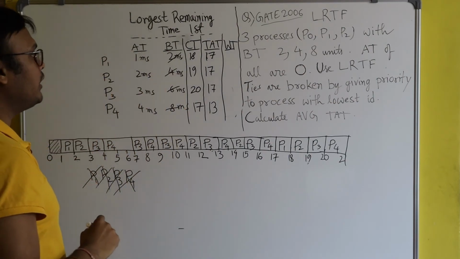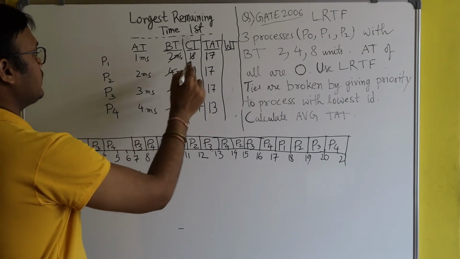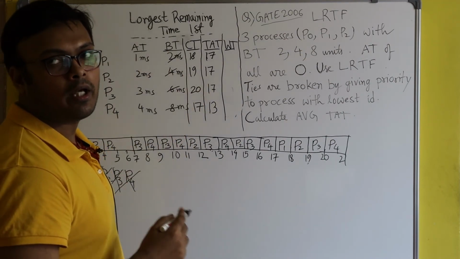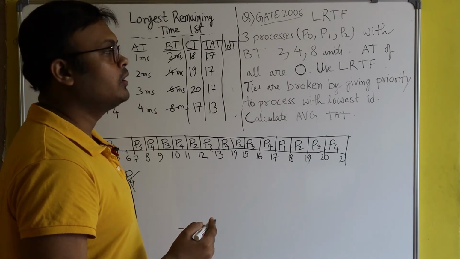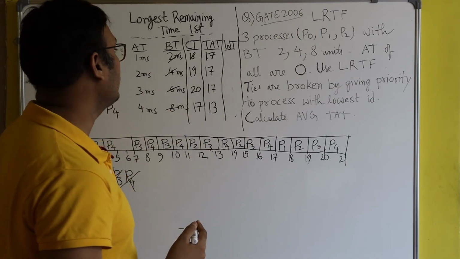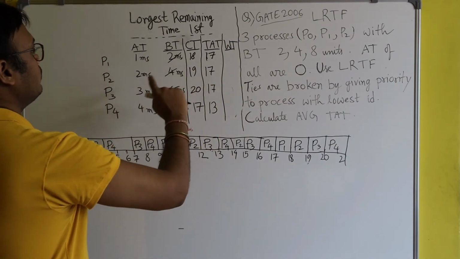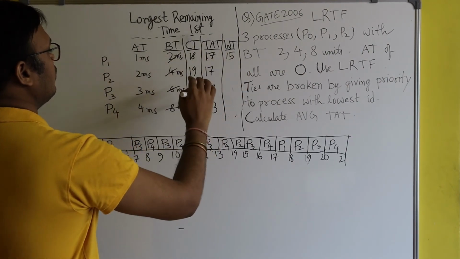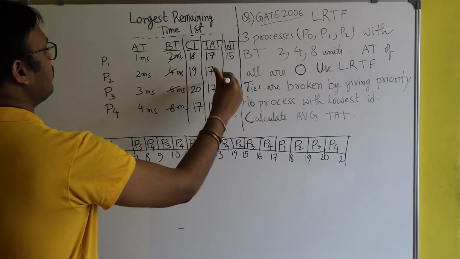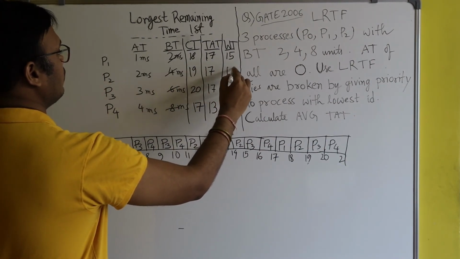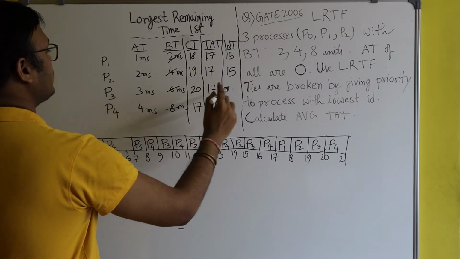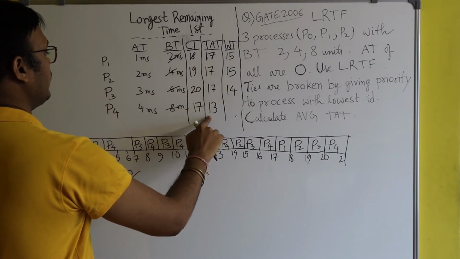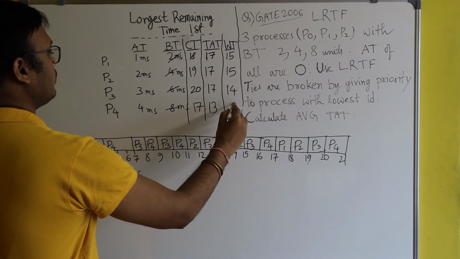So let's calculate the waiting time. What's the formula for waiting time? Turnaround time minus burst time. For P1, it will be 17 minus 2, 15. For P2, it will be 17 minus 2, 15. For P3, it will be 17 minus 3, 14. And for P4, it is 13 minus 4, 9.